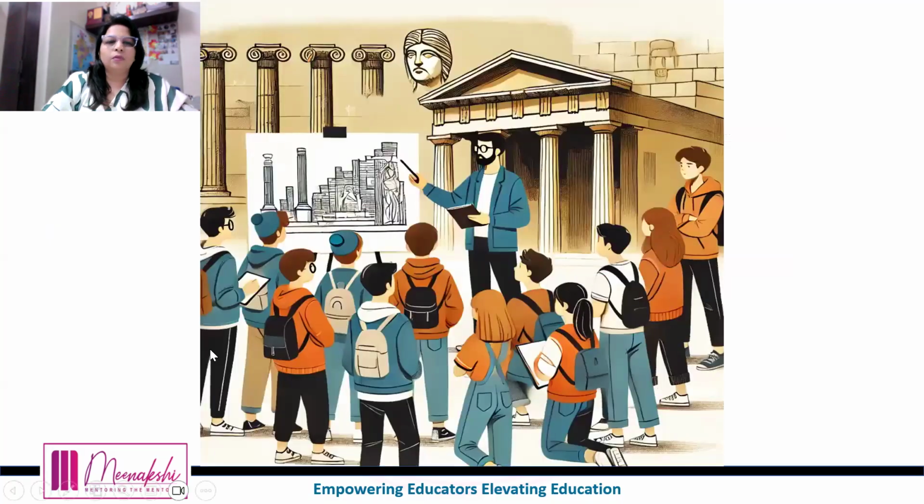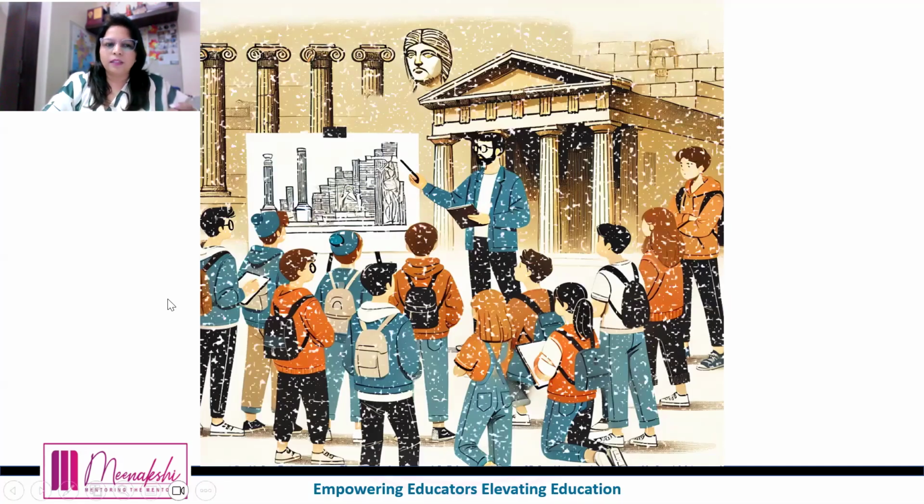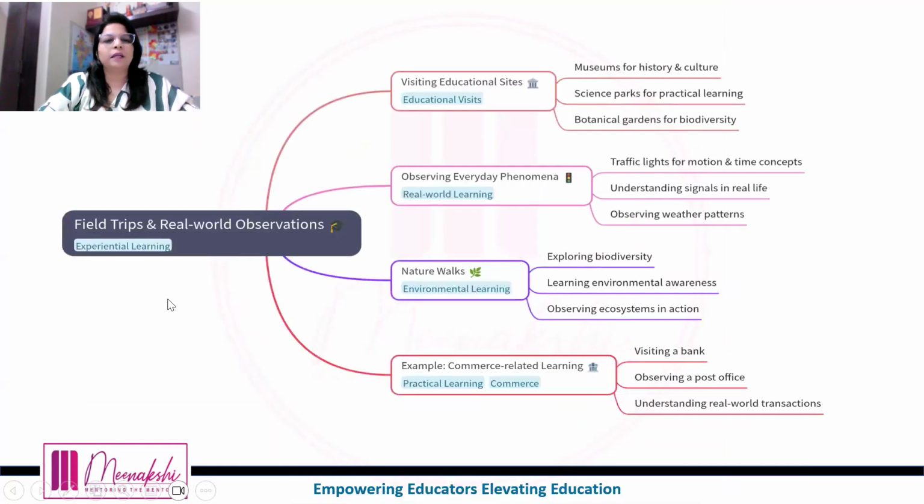Now, what else can we do in the class? As you can see here in the image, you can very well guess the children have been taken outside for a field trip, right? Yes, field trips and real world observation also come under Pratyaksha Pramana: visiting educational websites, observing everyday phenomena, nature walks, going to the museum, maybe taking them to the bank, post office, or other places.